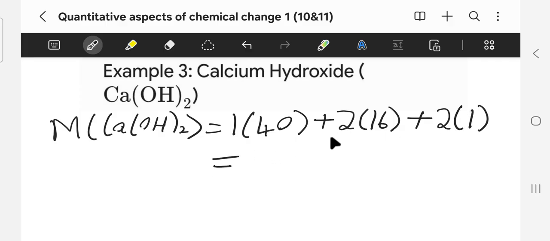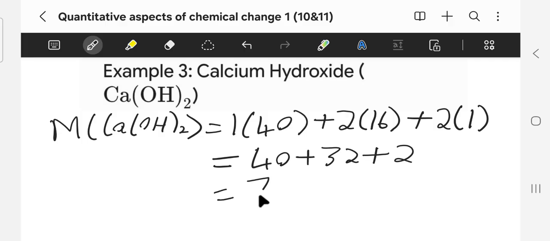Then from here, the calculator will do the rest of the work for me. I'm going to say 1 times 40, which is 40, plus 2 times 16 will be 32, plus 2. And then from here, we do the math. Okay. So when you add these numbers together, guys, the answer that you get is going to be 74 grams per mole. And that's how you pretty much find your molar mass.